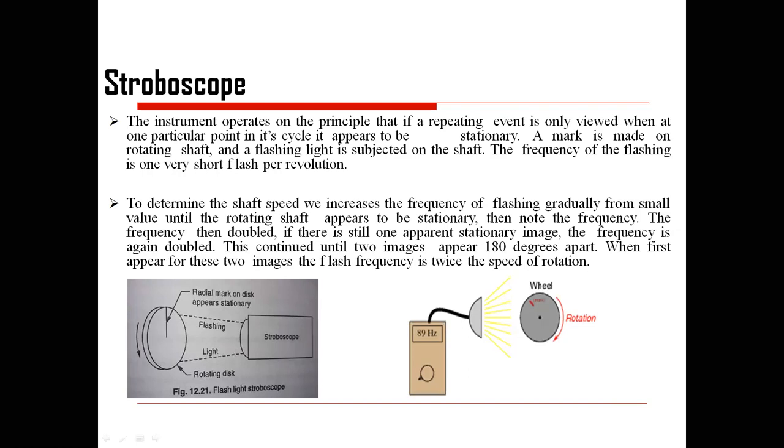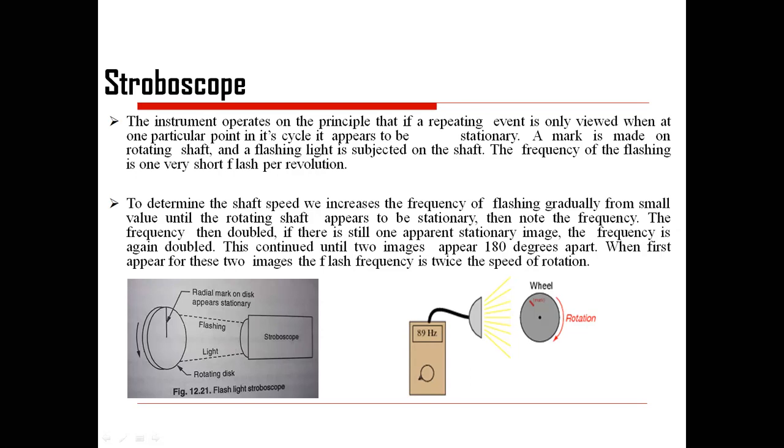How? Actually, a flashing light with a particular frequency is given as an input or generated as an output, and it is focused on the fan. And if its frequency matches, it seems to be stationary.